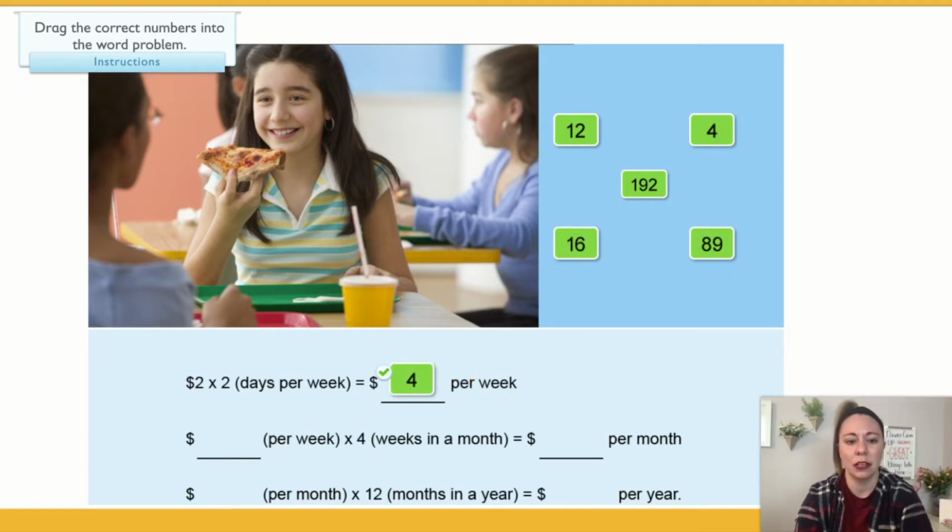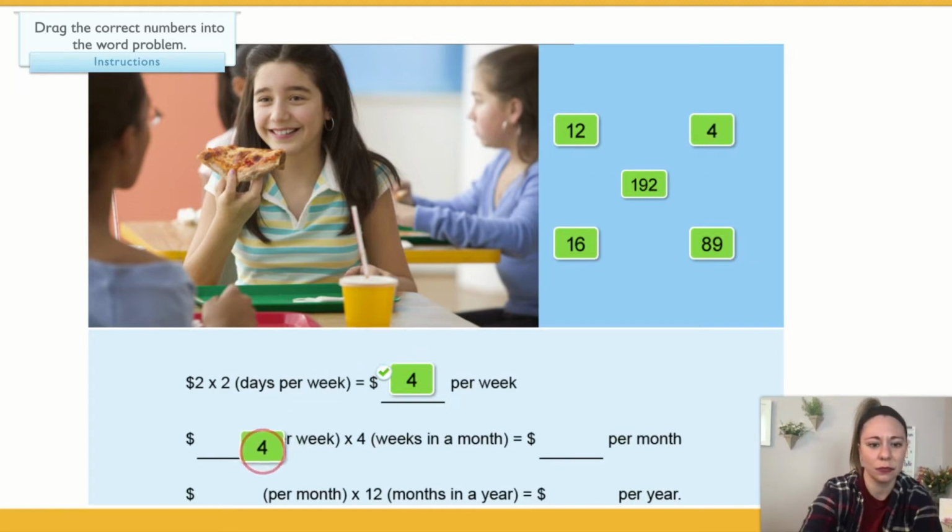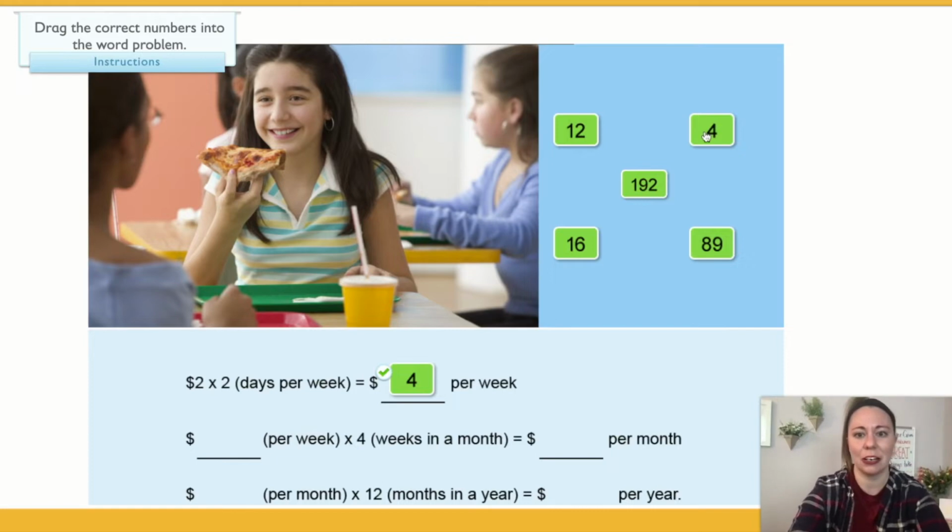Boom. All right, so now, it gave me a check mark. Sweet. How many dollars per week was it again? All right, $4. See if I can get that in the blank. Whoops, I didn't get it all the way. Let me try again. Oop, perfect. Times 4 weeks in a month. What was 4 times 4?